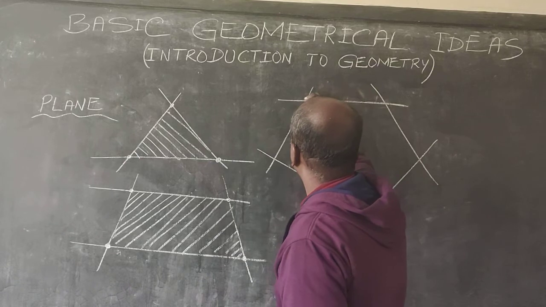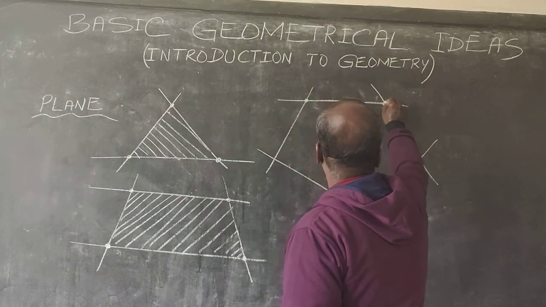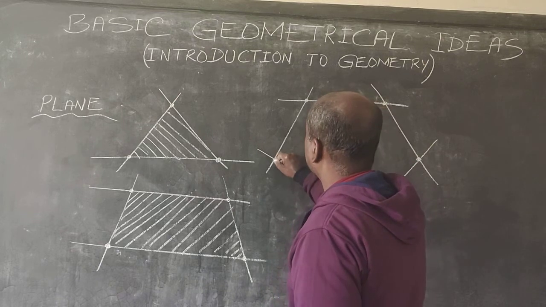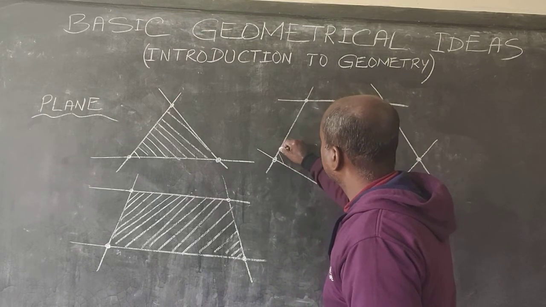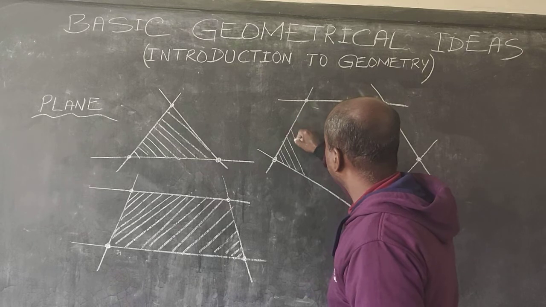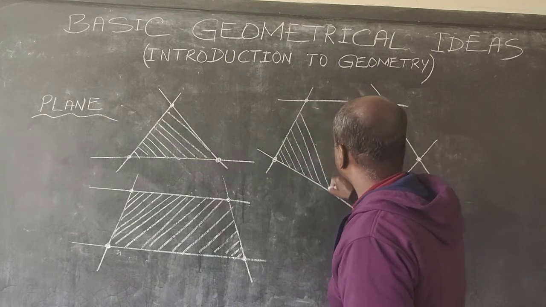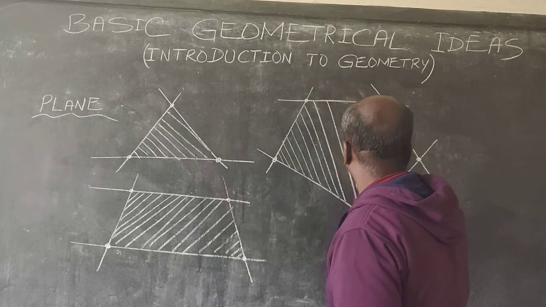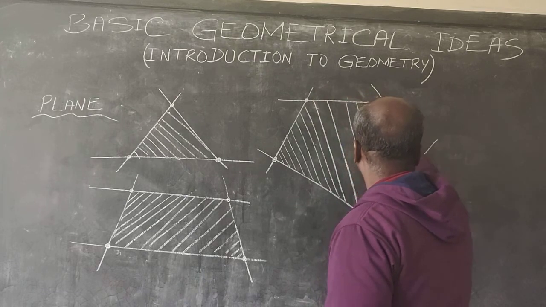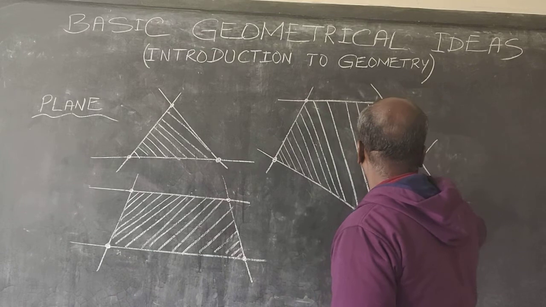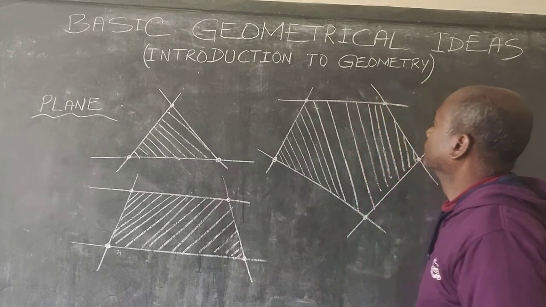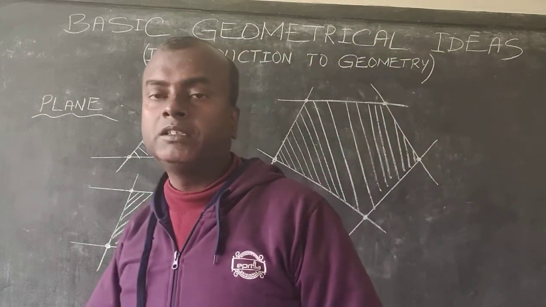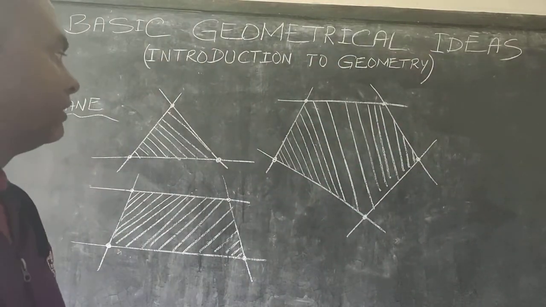So we have 5 points of intersection. This is a plane. Now you can go on, with the number of lines intersecting and the planes that you get.